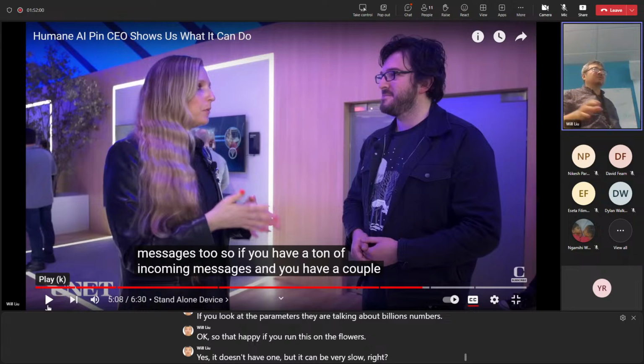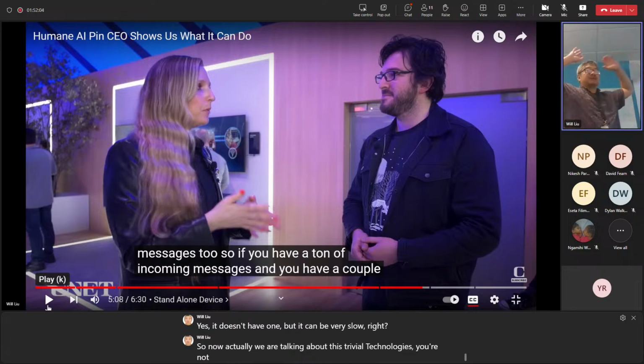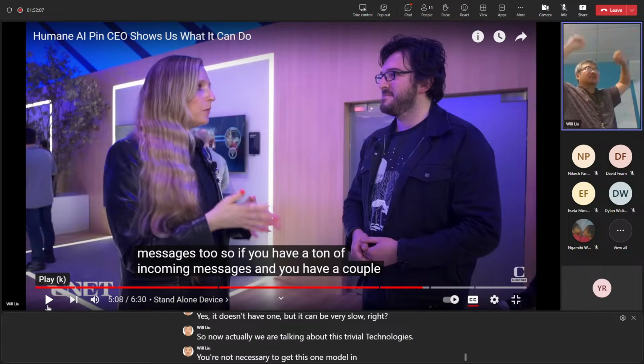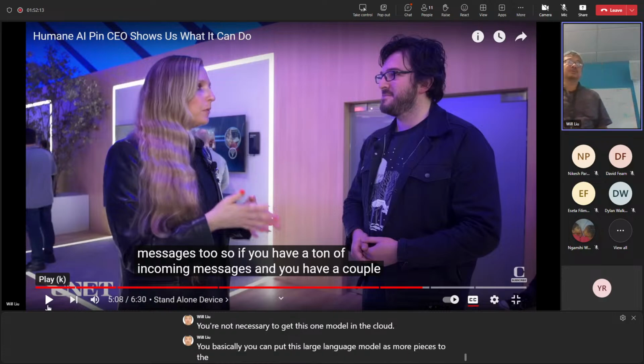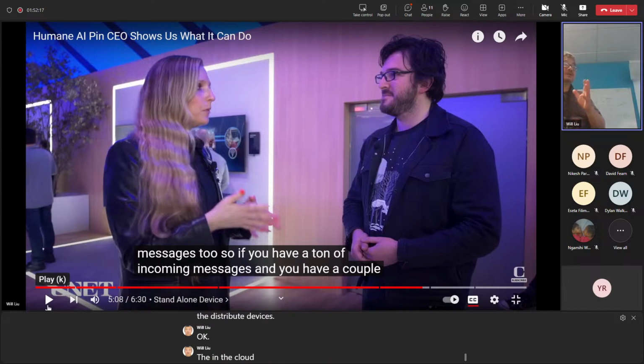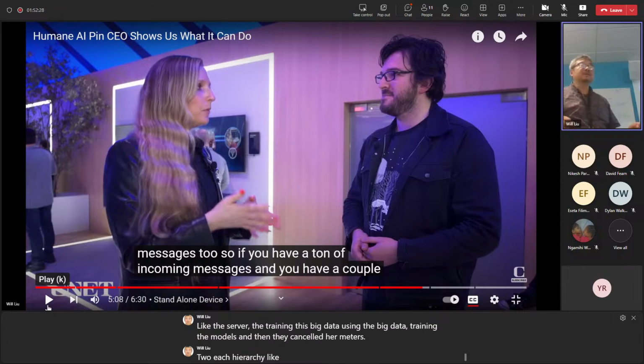So now actually we are talking about distributed technology. You don't necessarily need to keep this large model in the cloud. You can put these large language models as small pieces onto distributed devices. Okay, in the cloud, like a server, they're training on this big data, using the big data to train the models, and then they can send parameters to each hierarchy, like edge devices.